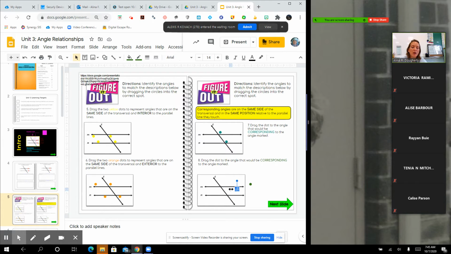I don't know why this isn't dragging well. It's like my mouse pad doesn't want to work today, and that's just rotating it. It's not what I want to do either. We're just going to do this.